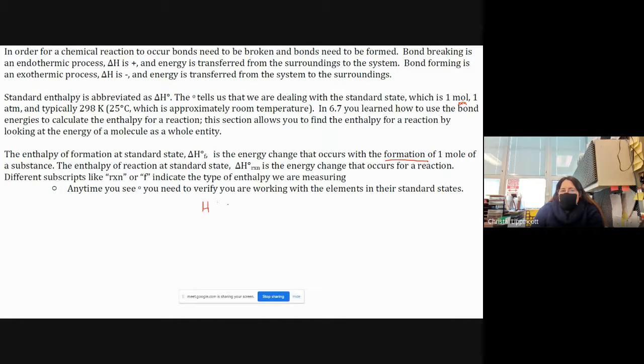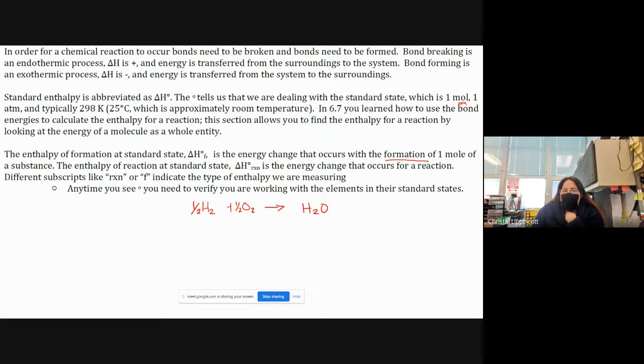Like if you had hydrogen and oxygen and you put them together to make water, that's probably not the best way to draw that. I would do this: 1/2 H2 plus 1/2 O2 yields this, okay? These are the individual components going in to make this up, all right?